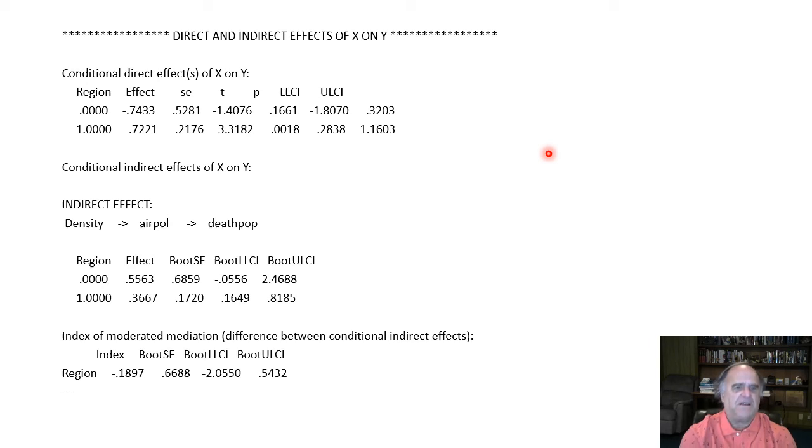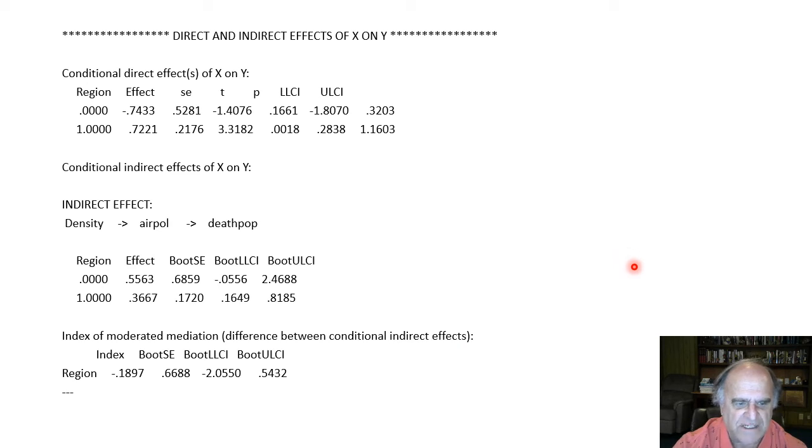So it's going to give us the indirect effects for those 2 different regions. And then it's going to give us what's called an index of moderated mediation, or a difference between conditional effects. In this case, it's actually not significant.